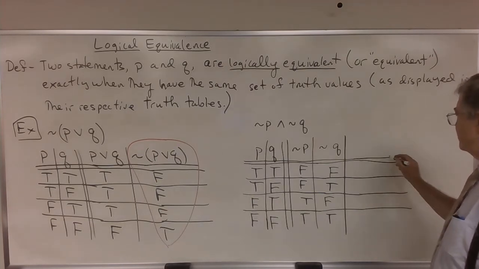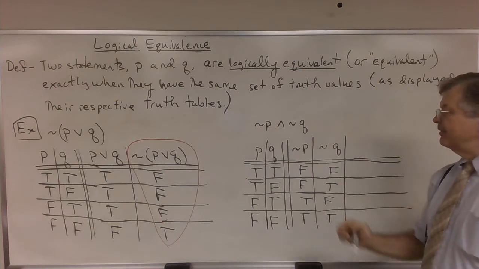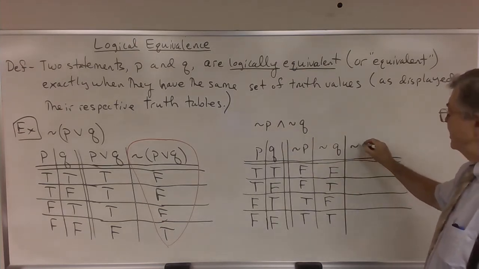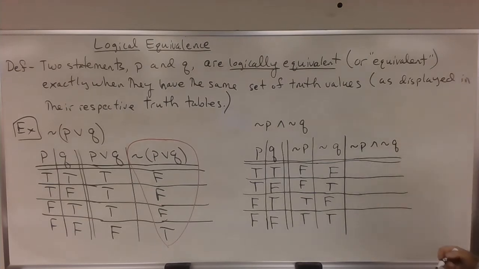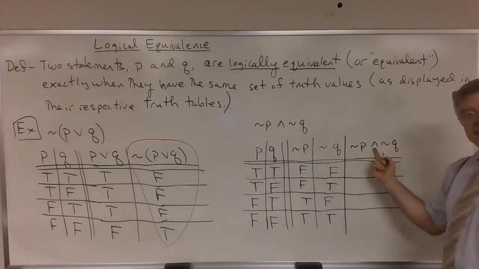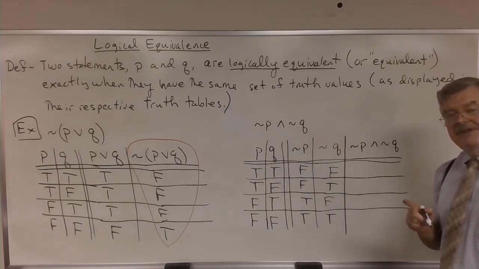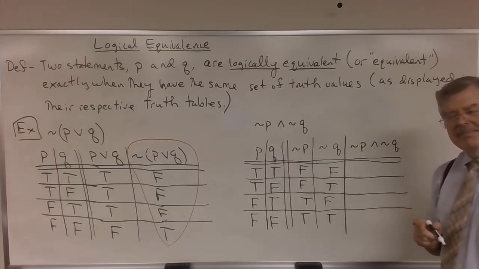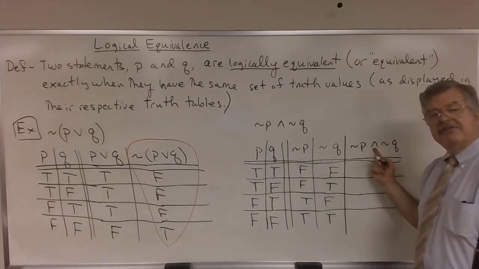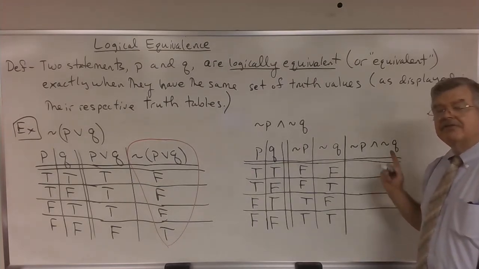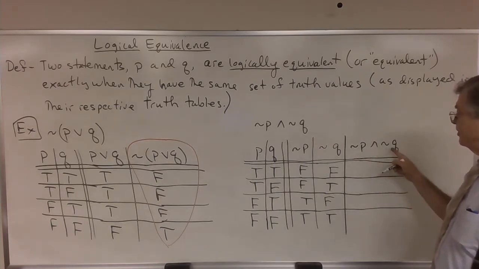And I think we're ready to join these two things together with the AND operator. So we have not P and not Q. This is an AND statement. What's the special case with an AND statement? Think about it. An AND statement is only true when both of the statements that make it up are true.